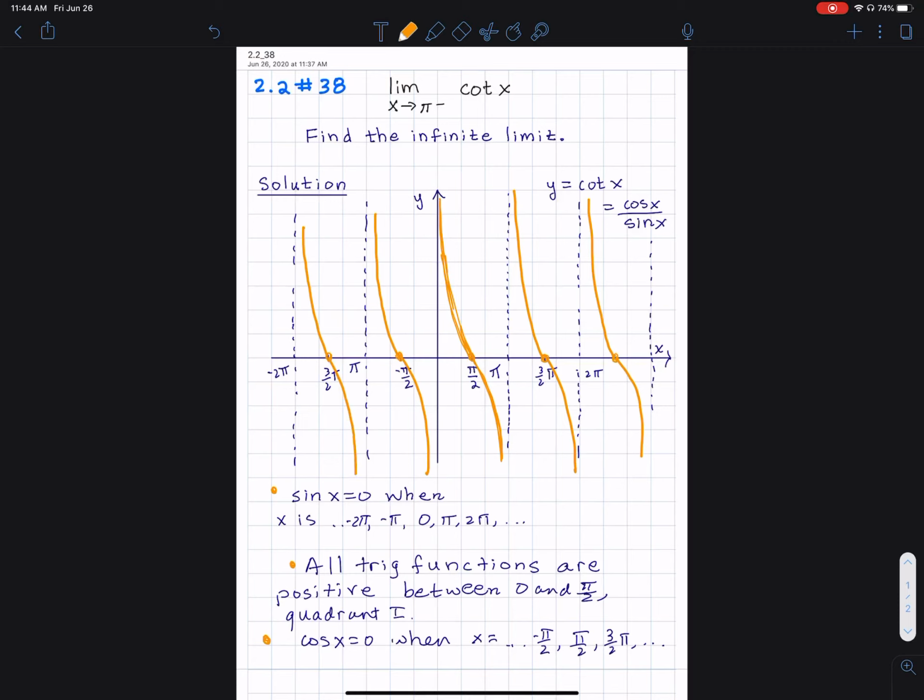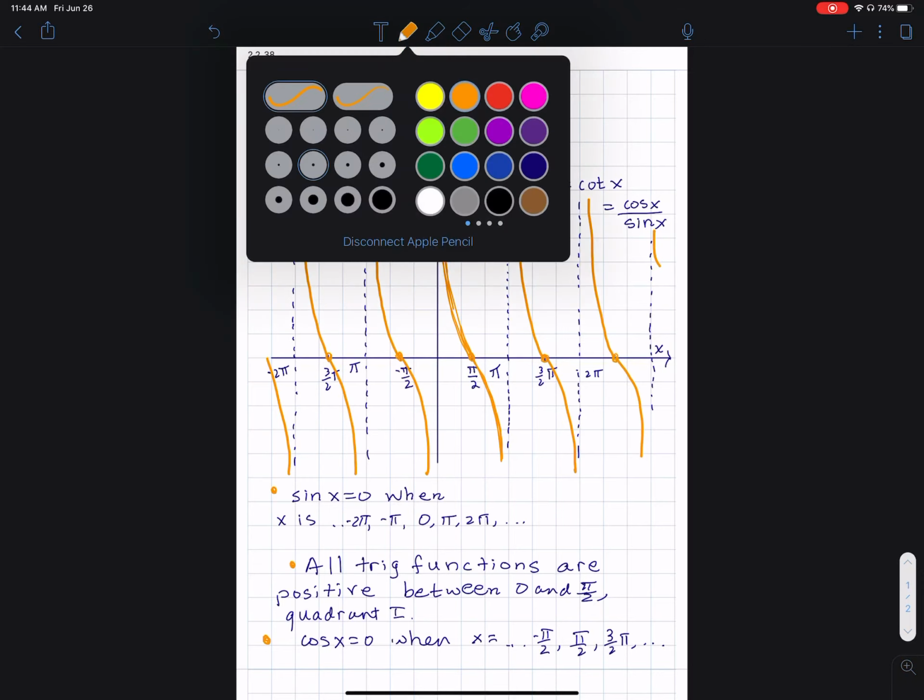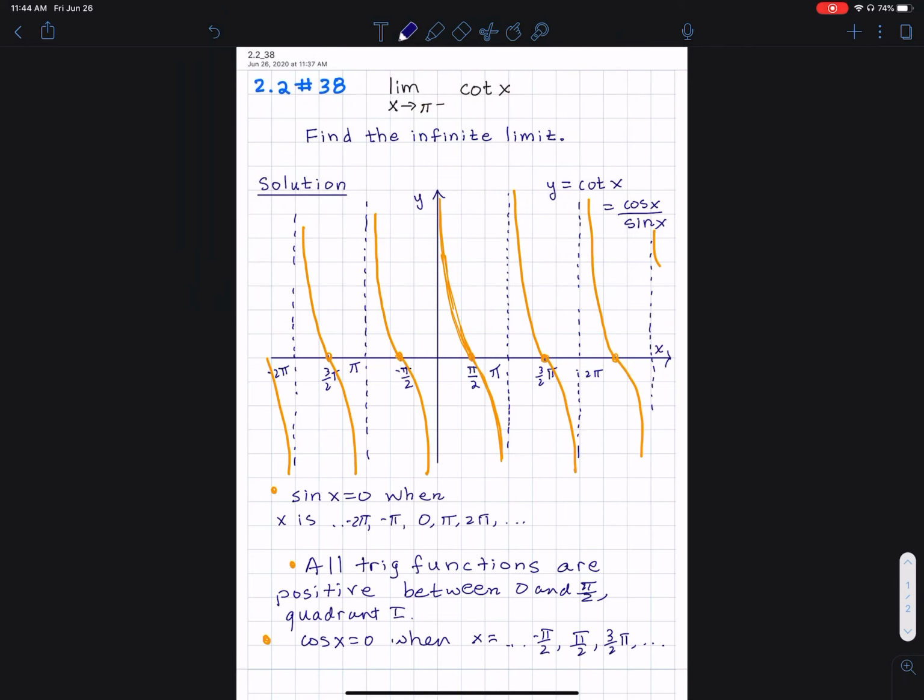And it just keeps going on and on like that. Okay. And I feel like I need to include this point here. That's going to be 5/2 pi.